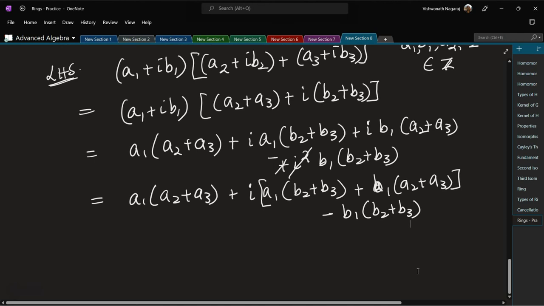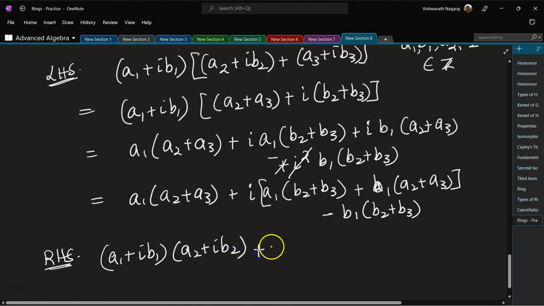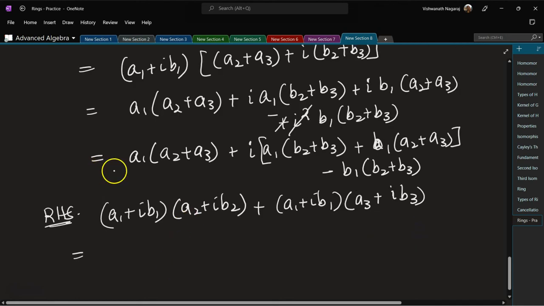So this is our left hand side. Now let's look at the RHS. RHS would be, we actually take care of the multiplication, we distribute. So a1 plus ib1 times a2 plus ib2 plus a1 plus ib1 times a3 plus ib3. When we simplify this, we should arrive at this.